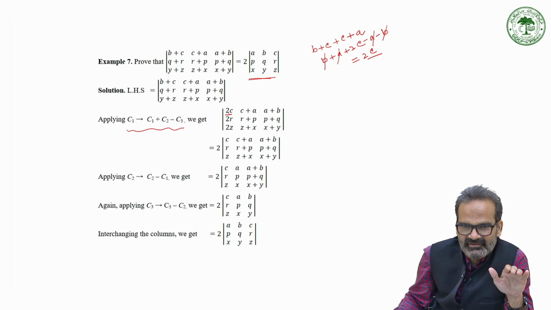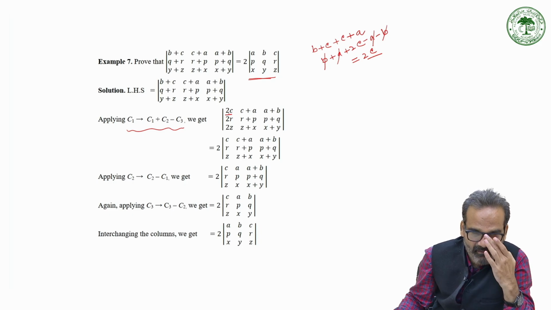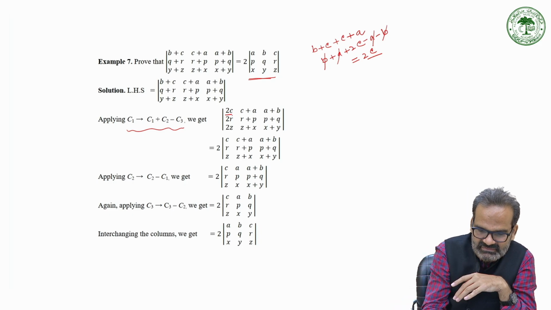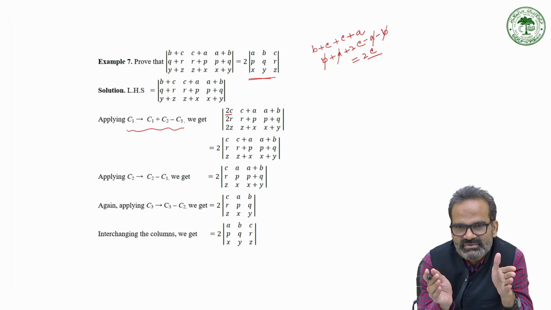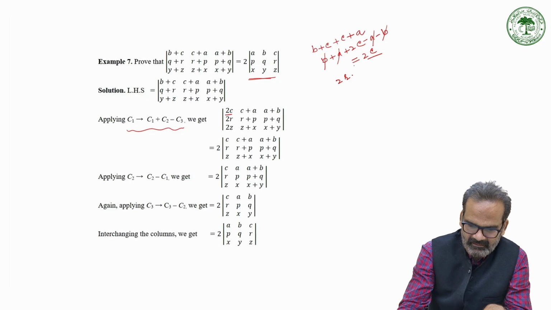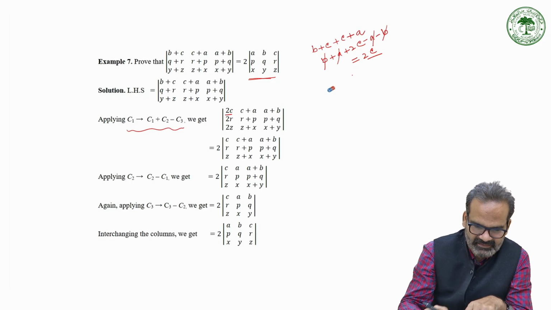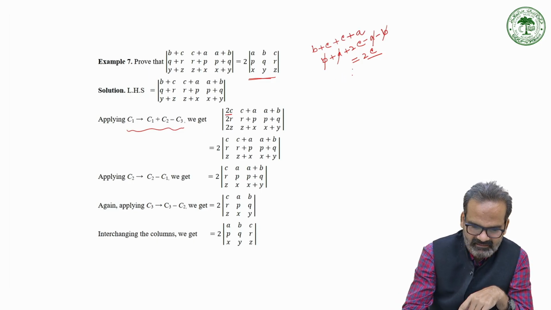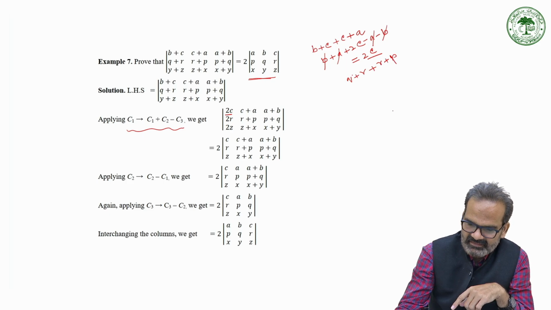In the same way, we should use the same operation in the second and third rows. You will get 2C, here we will get 2R, here we will get 2Z. Column 2 and column 3 will remain as they are. For the second, add C1 plus C2, that is Q plus R, this is your C1, Q plus R plus P. What is the sum of these two?